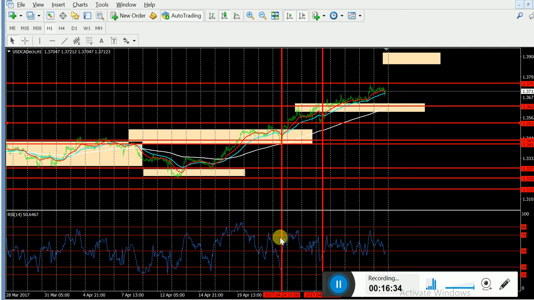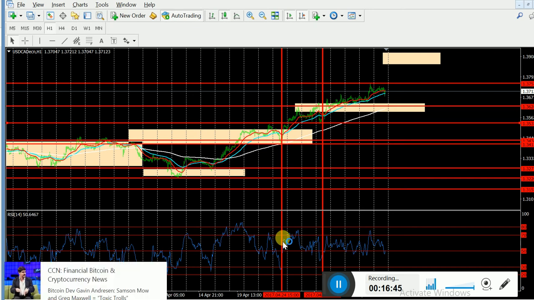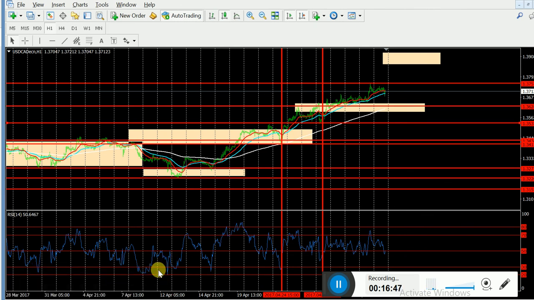RSI down here at the bottom is going to measure your momentum. The momentum of that trend, or the momentum of that previous candle as it closed. Each time you get a new candle, this is going to paint either up or down. Further down or further up.